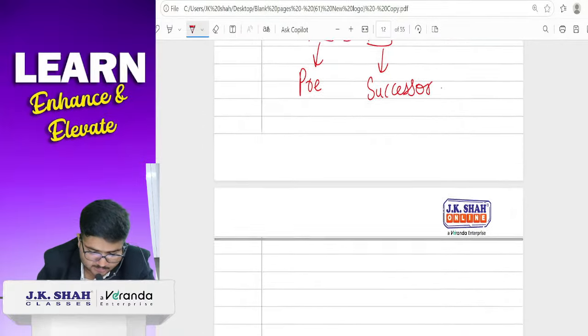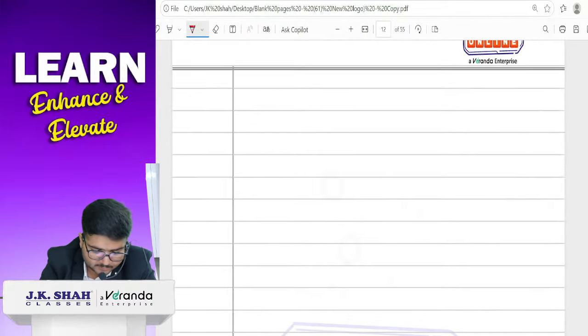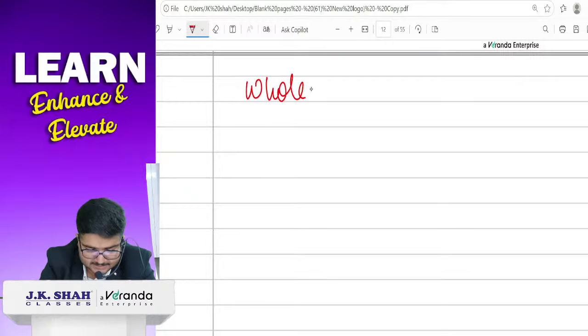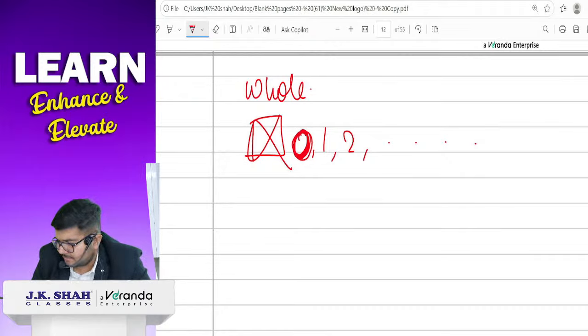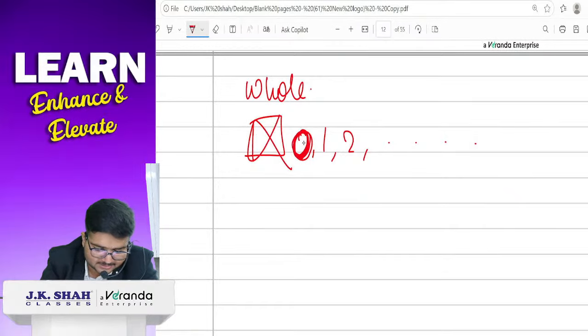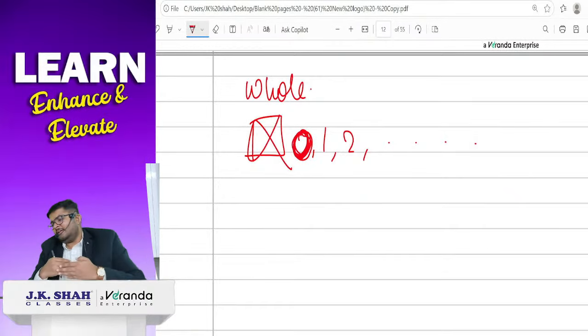But here you have to remember 2 points. Let us take the example of whole number. Whole numbers start from 0, 1, 2 till infinite. If they ask you the predecessor of whole number 0, there won't be any predecessor, because it is starting from 0. If it is starting from 0, what comes before that?